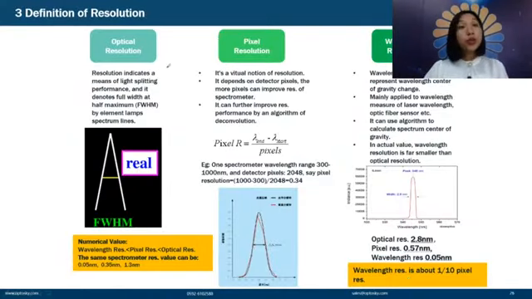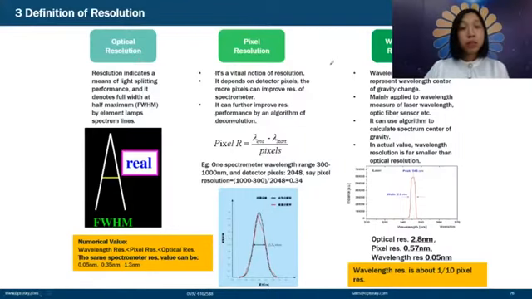Next, we are going to introduce the 3 definitions of resolution. We have to confess that most customers have mixed these 3 types of definitions up. Some suppliers might use the pixel resolution or the wavelength resolution as the optical resolution.